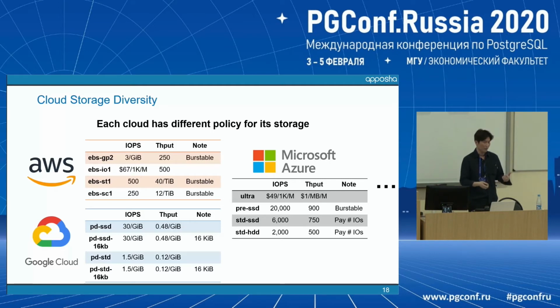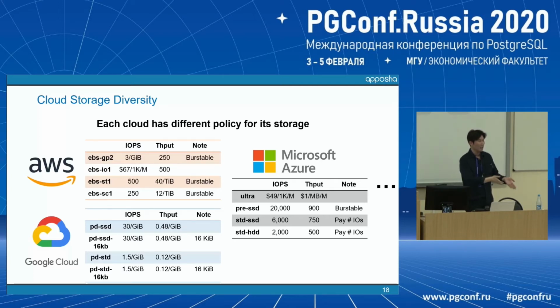Not only AWS. There are Google Cloud, Azure, and I checked Yandex Cloud and Alibaba Cloud. There are many vendors, so it's not easy to tune to get optimal performance for each cloud and each storage type.